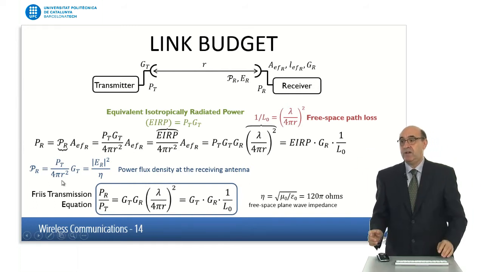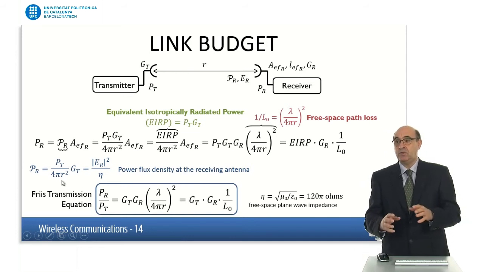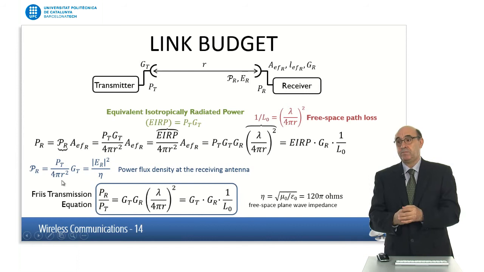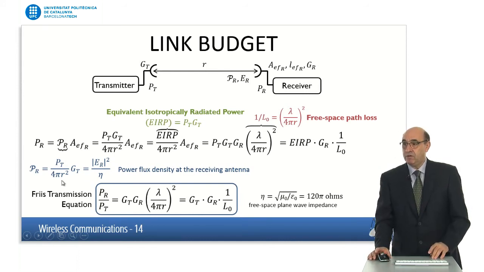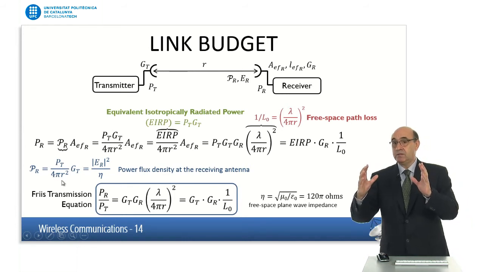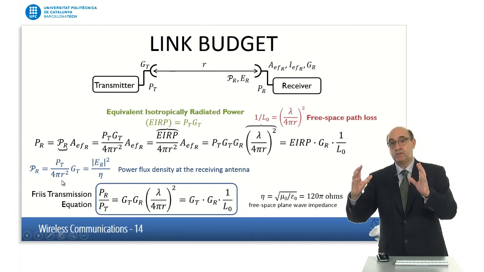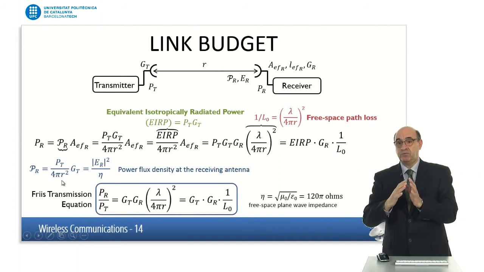And this will give us the power flux density if the antenna were isotropic. And this is just the value. The first thing you have to know is that this power density decays like the square of the distance, because we are spreading the power on a larger and larger surface as we go away from the antenna.